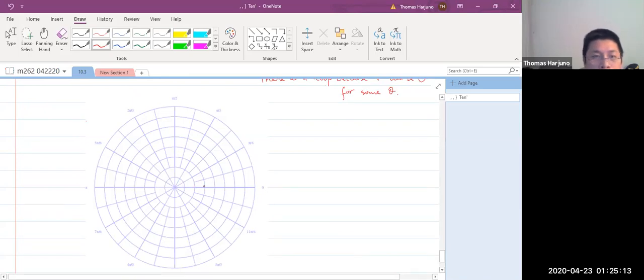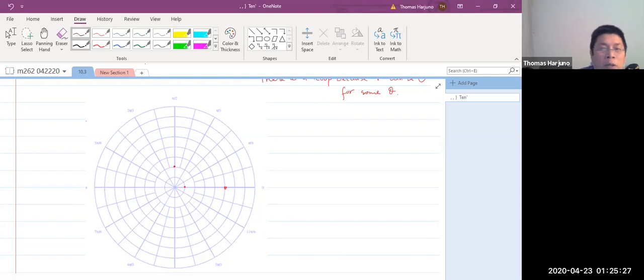When theta equals 0, it's 5. When theta is 90 degrees, it's 2. When theta is 180 degrees, it's negative 1. Now, if you want to refine it, then find what r will be when theta equals 30 degrees.